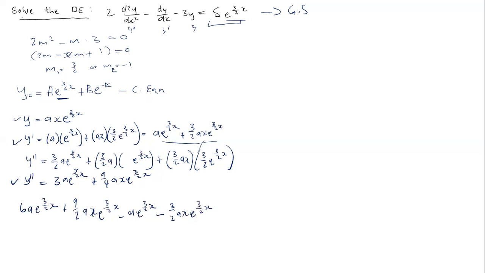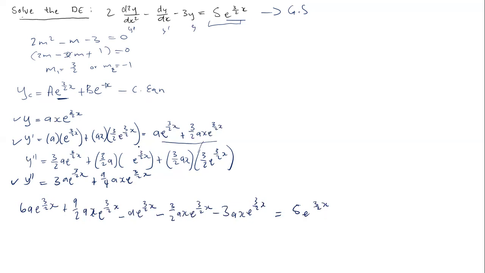Right? Therefore, we have 3 multiplied by y. So where is y? 3 multiplied by y, that is y. We're going to have negative 3a x e to the power of 3 over 2x is equal to 5 e to the power of 3 over 2x. Right? So this is how we go about this question.